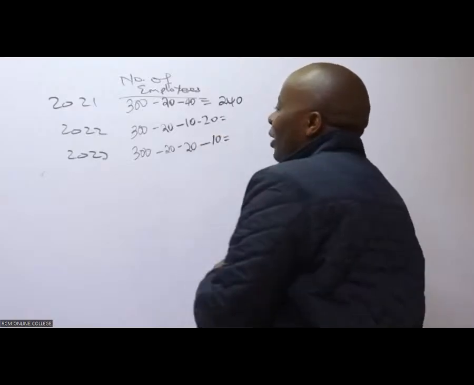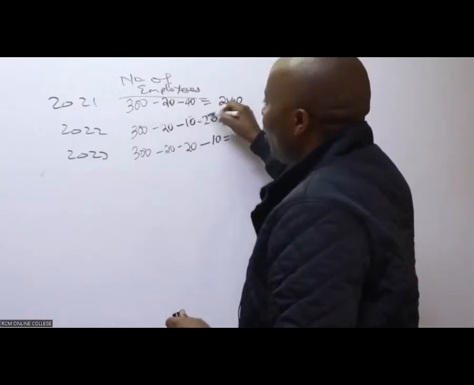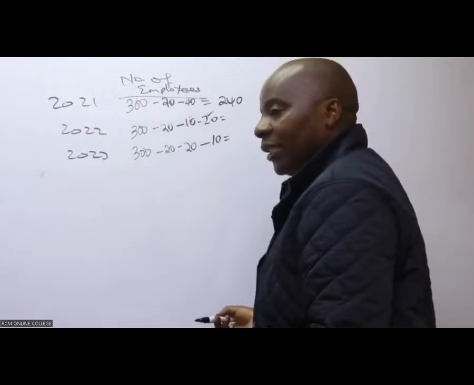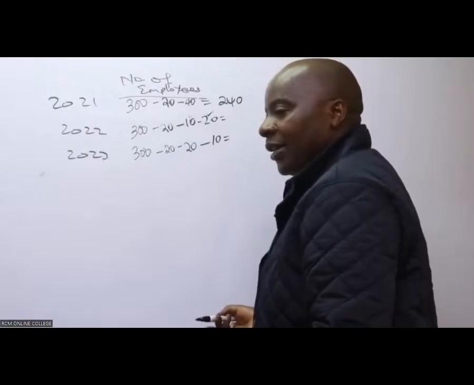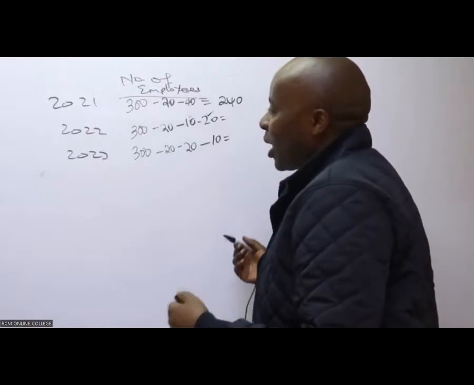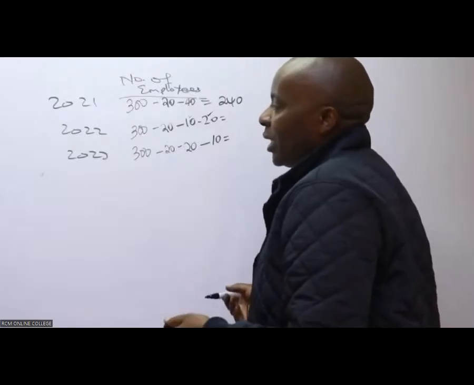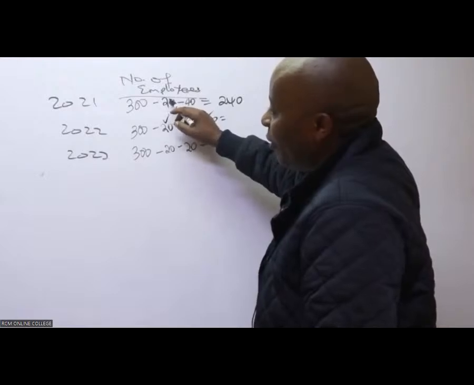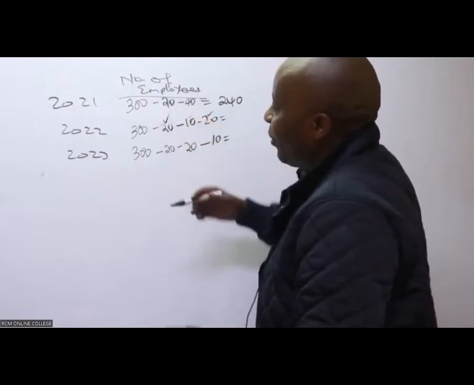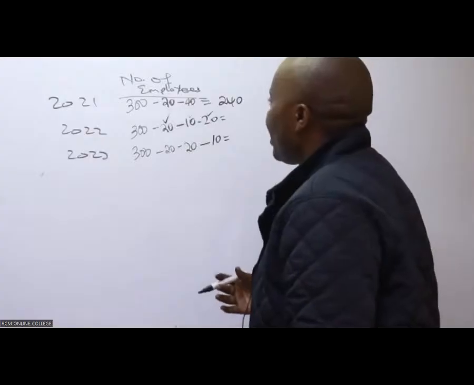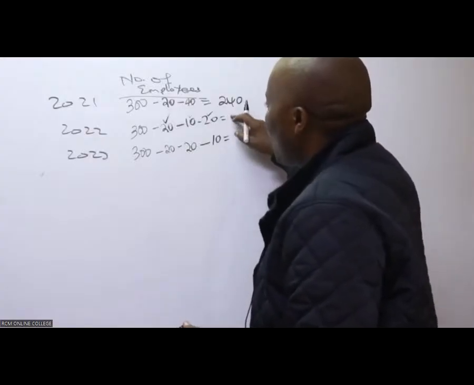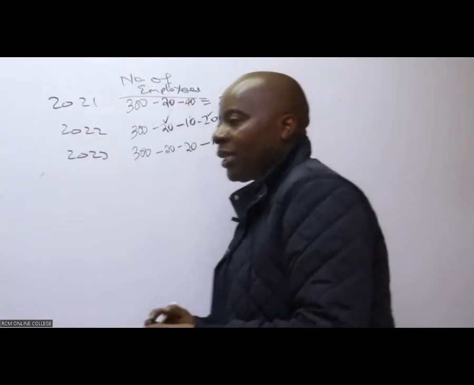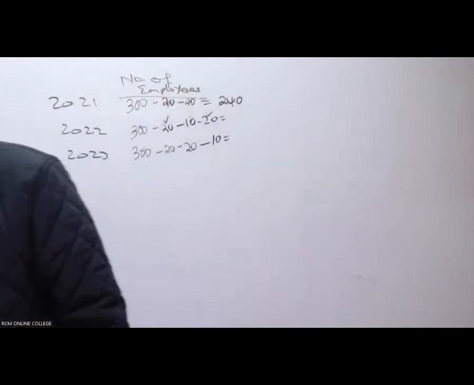But remember, if you do that, you'll have accounted for how many years? You'll have accounted for only 2 years like that. And yet you're supposed to account for how many years? For 3 years. So it means, ladies and gentlemen, that I must come back here and subtract this actual for 2021. The same. Of course, as we progress, you will be able to appreciate it. So can you kindly give me these other 2 answers? Please feel free to ask questions.